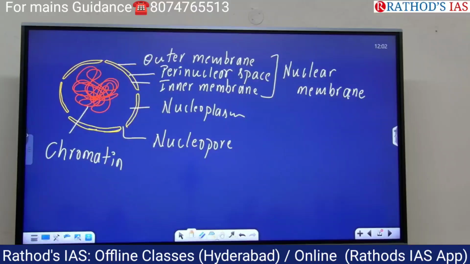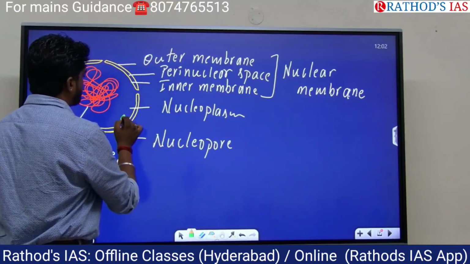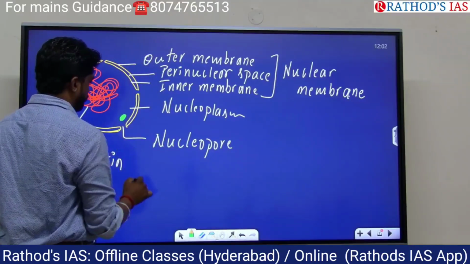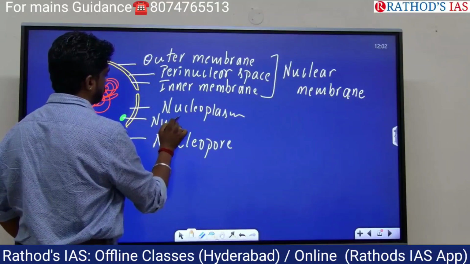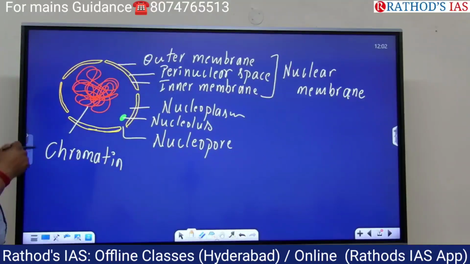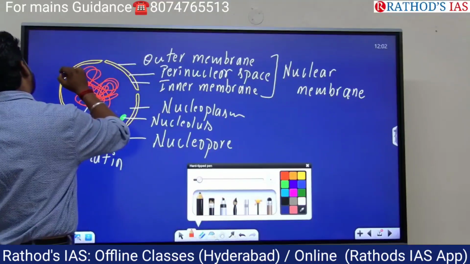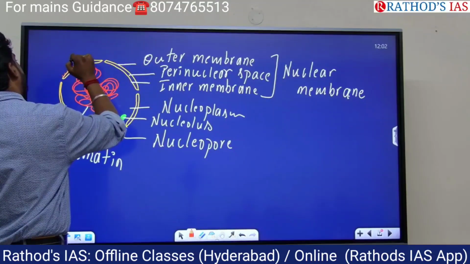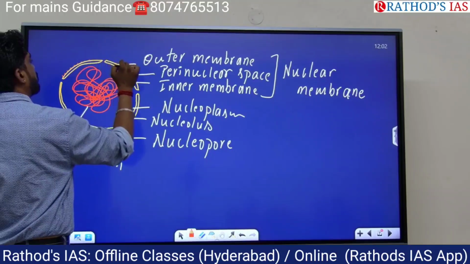Okay. Just like within the cell there is a nucleus, similarly within the nucleus there is one more tiny organelle structure called what? Nucleolus. Okay. The nuclear membrane is studded with tiny bead-like structures all over it.